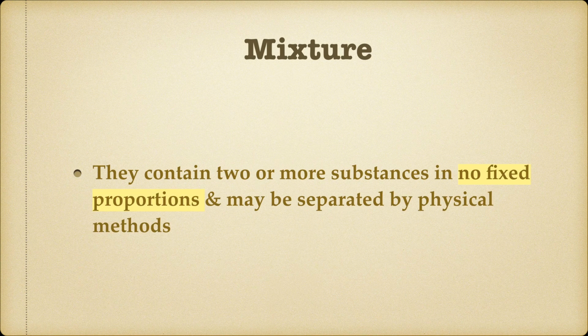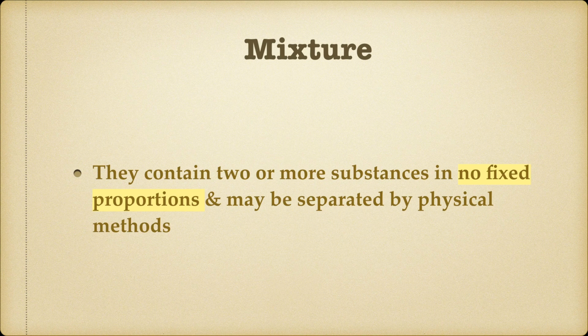A mixture contains two or more substances in no fixed proportions and may be separated by physical methods. When we compare it with a compound, over there they do not show any properties of their constituent elements.